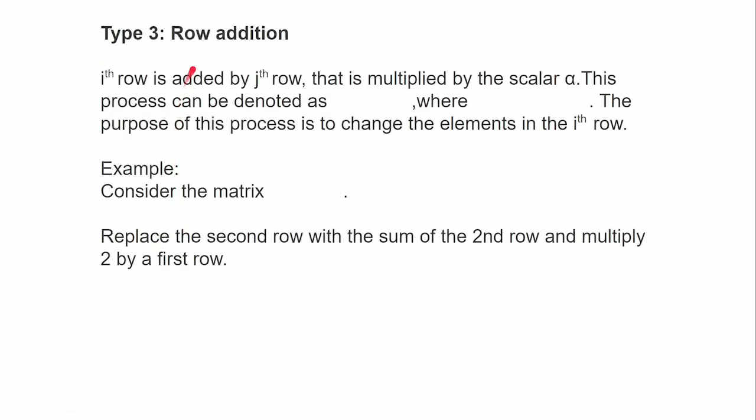The last type of ERO is row addition. The i row is added to the j row that is multiplied by the scalar alpha. This process can be denoted as i row plus alpha times j row, where i is not equal to j and alpha is not equal to 0. The purpose of this process is to change the elements in the i row. For example, consider this matrix.